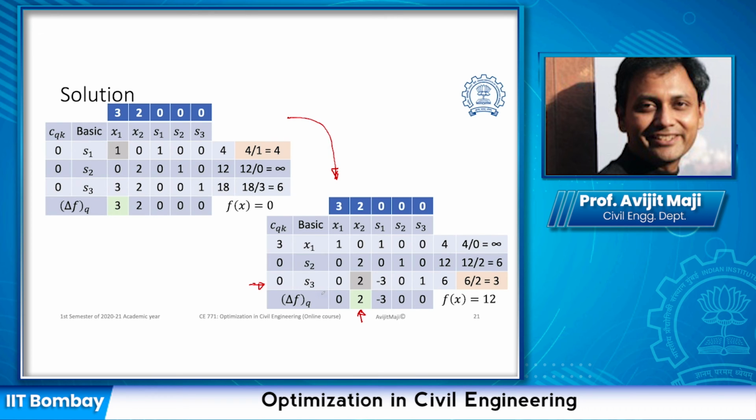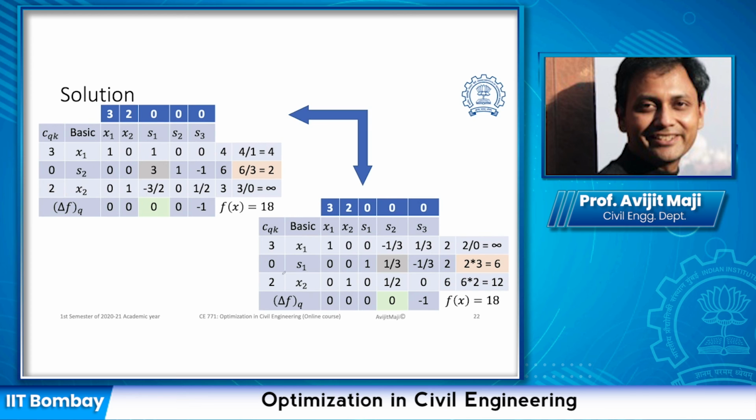After this, when we revise the tableau, we'll get this particular tableau where we have x1, x2, and we still retain one of the slack variables, s2. At this point, when we estimate the del fq, we see that the s1 slack variable has a value 0.